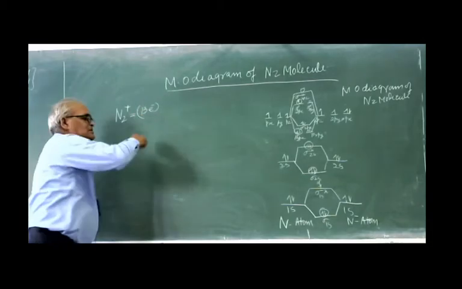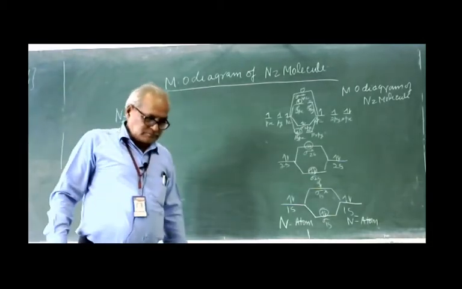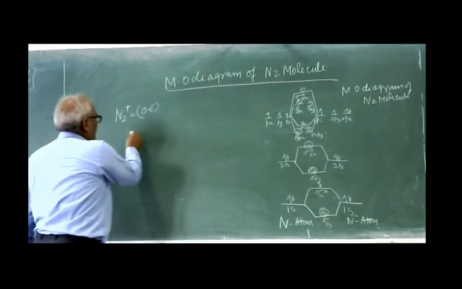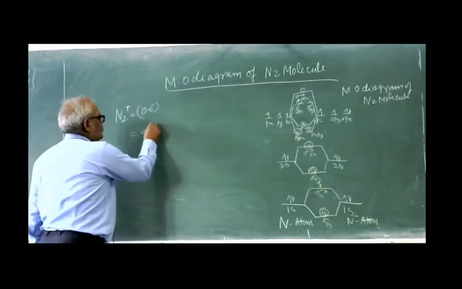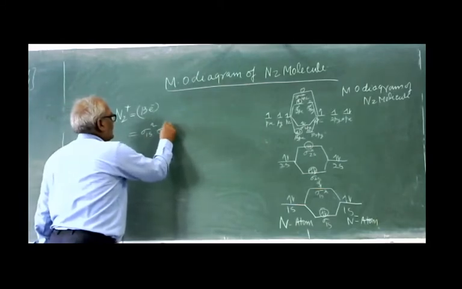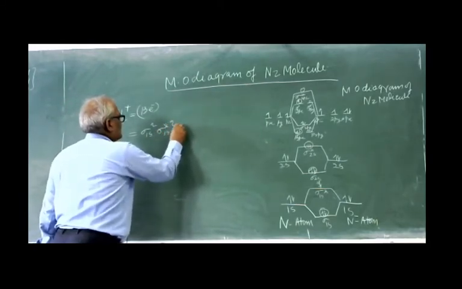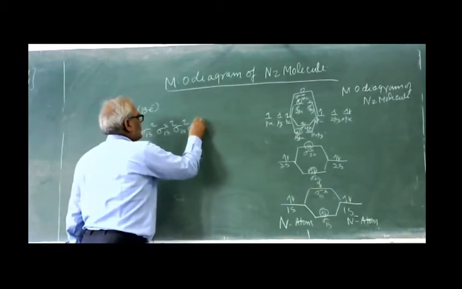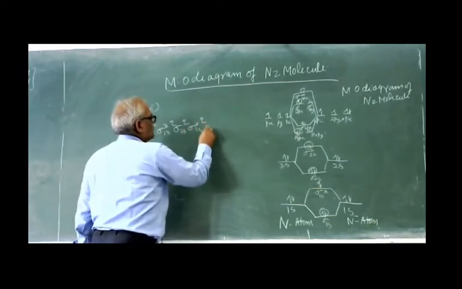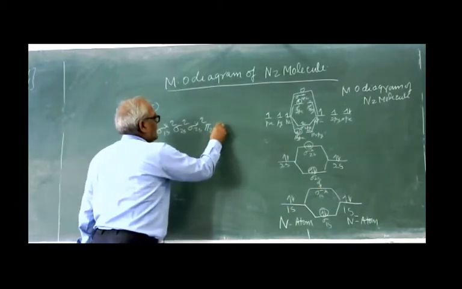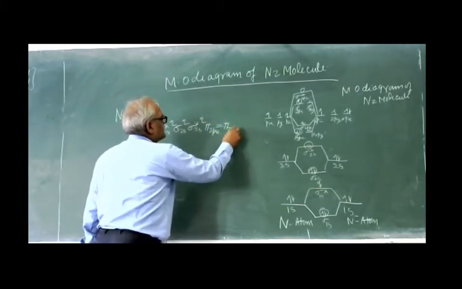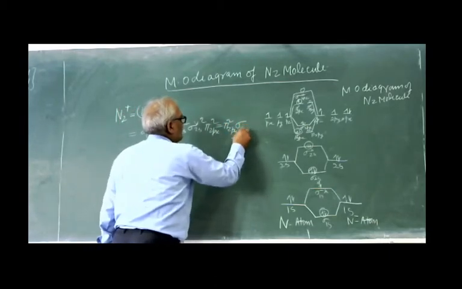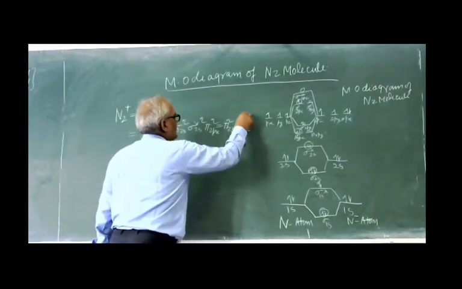So how are the 13 electrons distributed? You can write here sigma 1s2, sigma star 1s2, sigma 2s2, sigma star 2s2, pi 2px equal to pi 2py 2 electrons, and sigma 2pz 1 electron.